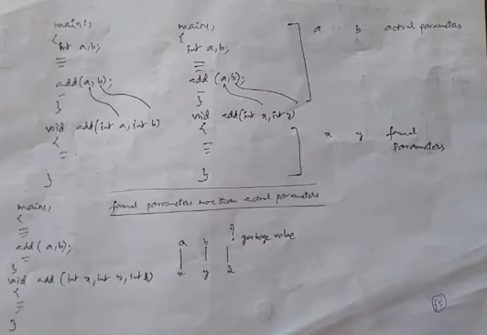Look at this example. We have two actual parameters a and b, and two formal parameters x and y. a is passed to x and b is passed to y. The data type of actual parameters and formal parameters must be the same. So here a, b are integer and x and y also integer.